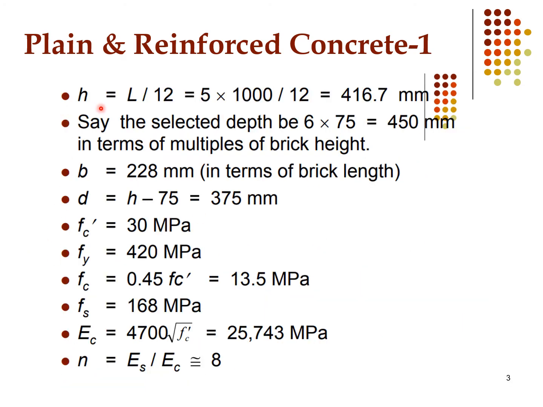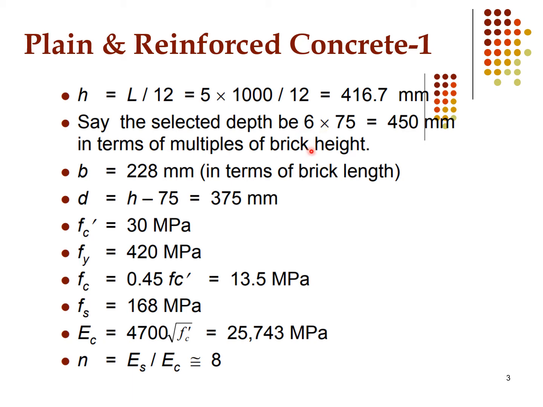Now H is equal to L by 12, span by 12. The span is 5 meter, so if we multiply by 1000, we get 5000 millimeter divided by 12. So we will get roughly H equals 416.7 millimeter. Now the selected height will be a multiple of brick height.